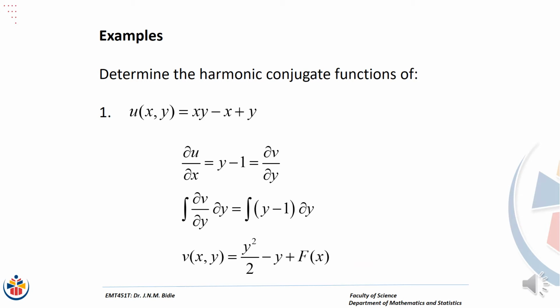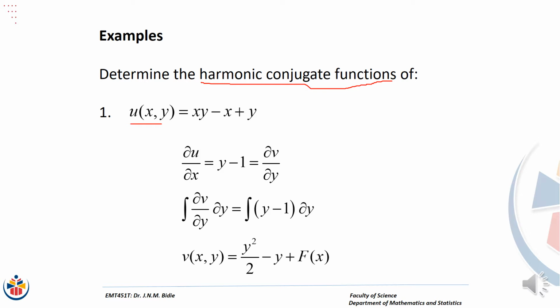Let's do some examples. We are asked to determine the harmonic conjugate functions for the given functions. Now in this case, we've been given u. And u is a function of both x and y, and it's xy minus x plus y.